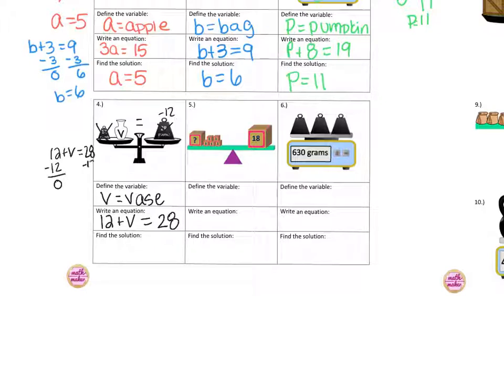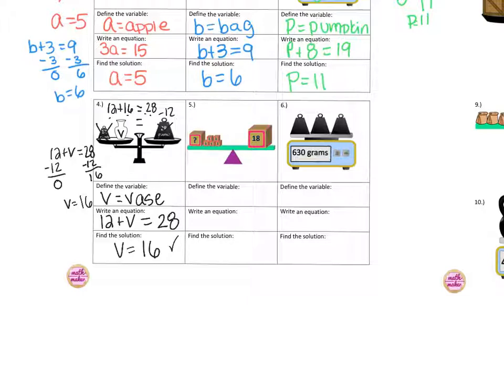So when I subtract 12 from 28, I get 16, which means my vase has to equal 16 units or 16 pounds. Okay, I can check that by saying, well, the 12-pound weight plus the 16-pound vase has to be equal to the 28-pound weight. I know that 12 plus 16 is equal to 28, so that answer is correct.